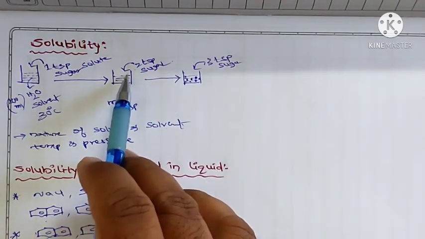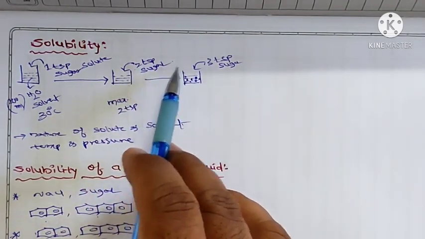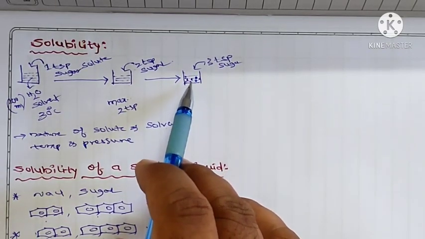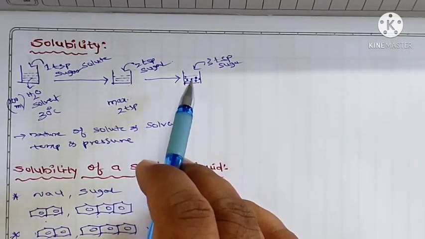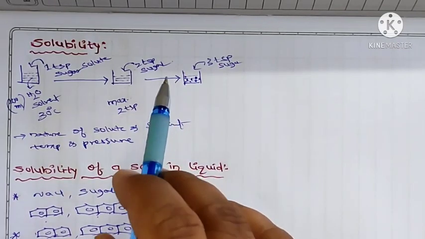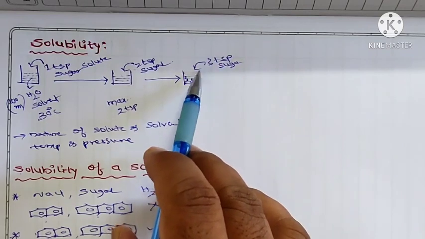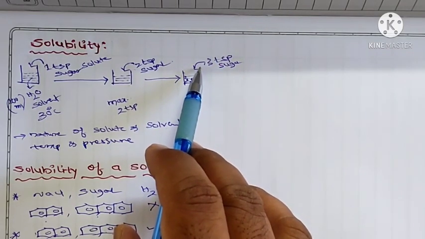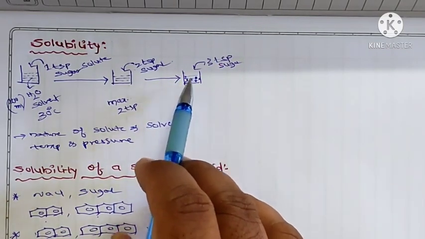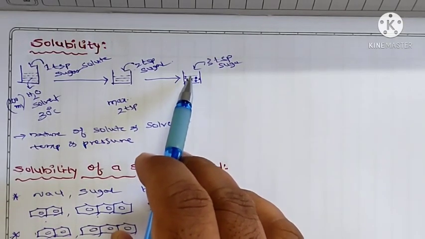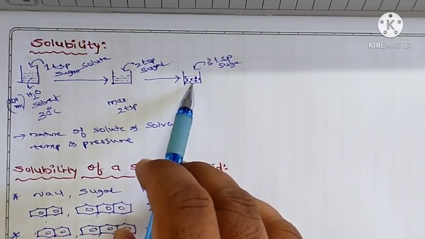If you add 1 more teaspoon, the third teaspoon of sugar, it cannot dissolve in the water. So a solution in which no more solute can be dissolved is called a saturated solution.